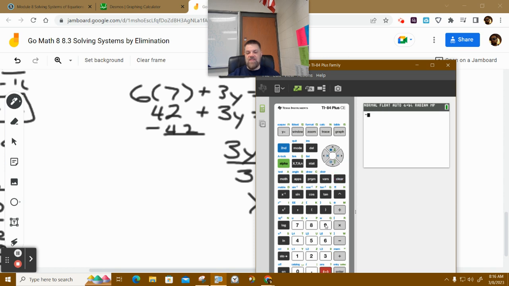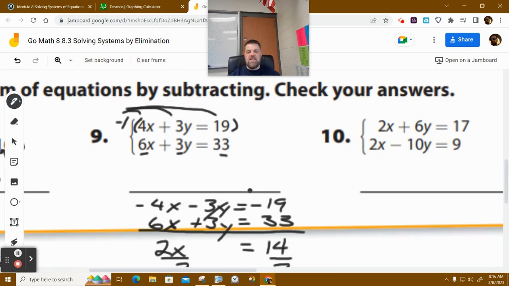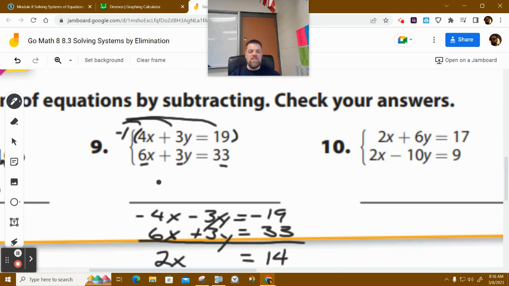Oh, -9 divided by 3. There we go. I got it eventually. It's -3. Anyways, y equals -3. So that means that my solution to this set is 7, -3.